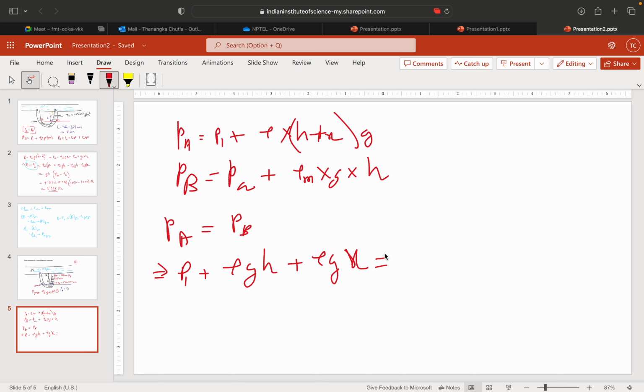This will be equal to P atmosphere plus rho m g into h. Now what I was trying to tell you is that if you want the gauge pressure, P1 is what you want.